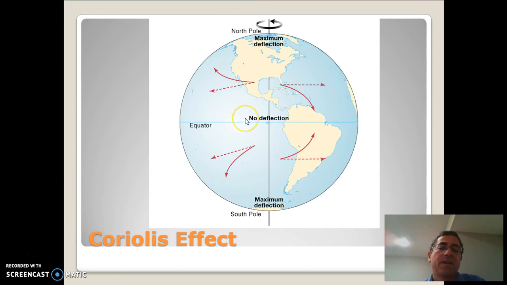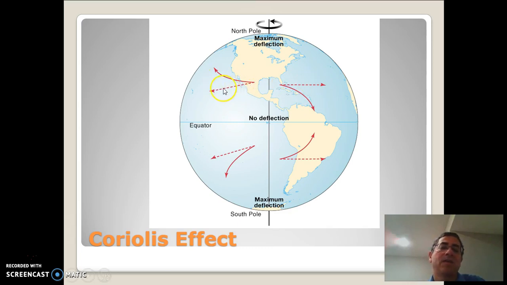The second factor that affects, in this case, wind direction is the Coriolis effect. The Coriolis effect is an effect that happens due to the Earth's rotation and its shape. Basically, anything moving over the surface of the Earth will be deflected to the right of its direction of movement in the northern hemisphere, and we see that here.